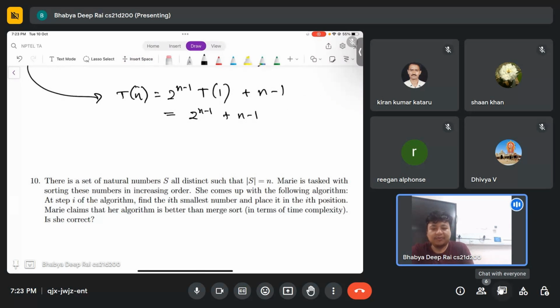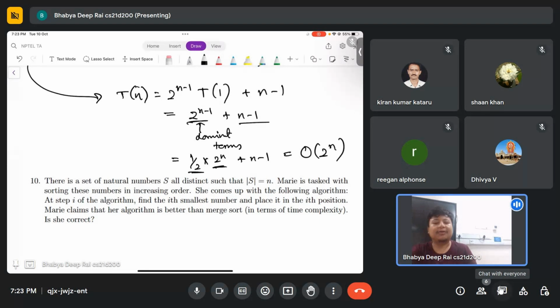Well, we need to remove all constants and keep the dominant terms, right? So this is the dominant term, so we should keep it and discard the rest. Also, it is multiplied by a constant, right? This is as good as 1 by 2 times 2 to the n plus n minus 1. So we don't need the constant also. This means it is of order 2 to the n. We'll just keep the dominant term here.